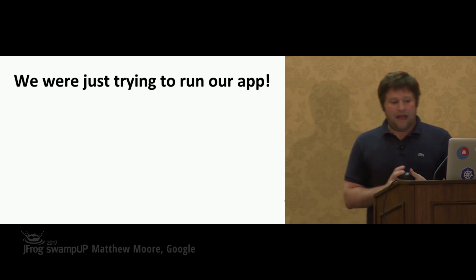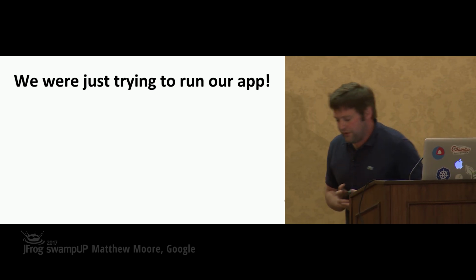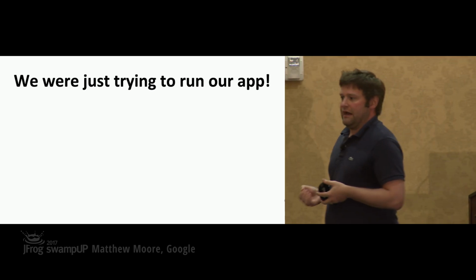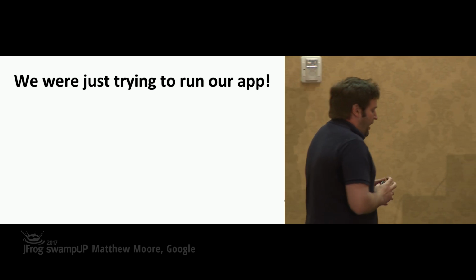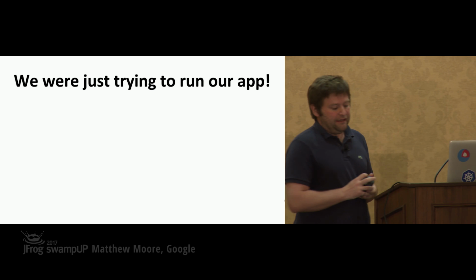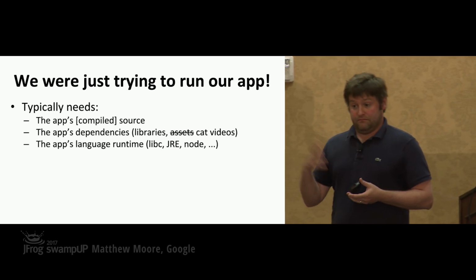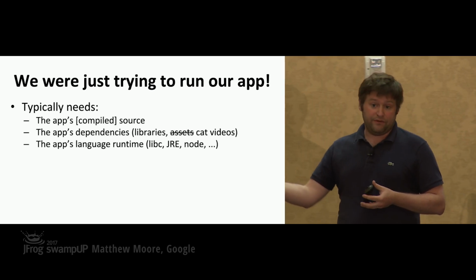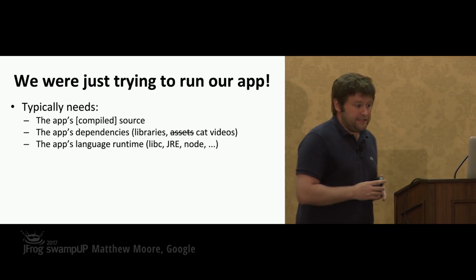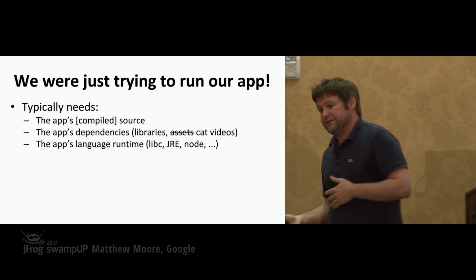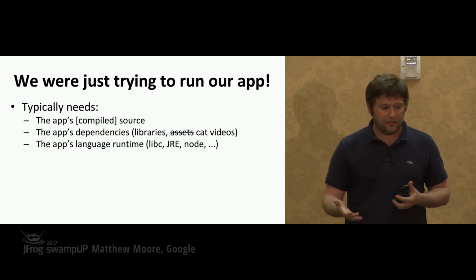We were just trying to run our app. So let's look at what's necessary to run our app instead of starting with sufficient and trimming it down. My app typically needs my compiled source if it's a compiled language, otherwise the source if it's an interpreted language. Some set of dependencies, pip packages, jars, whatever libraries I'm using.